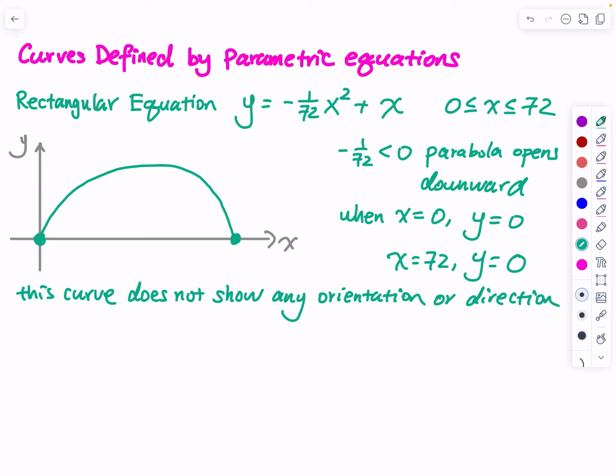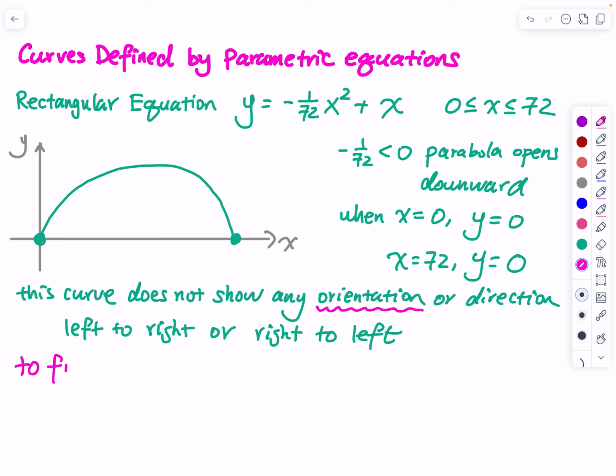Orientation is another word for direction. So the orientation refers to left to right or right to left. And this word orientation is what we need in parametric equations. So to find orientation, we don't have it.